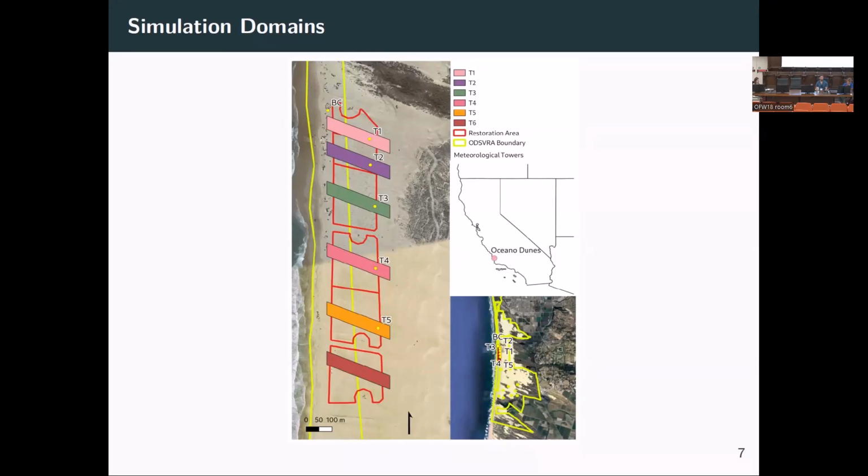In T2, they distributed native seedlings. T3 had native seedlings and seeds, and sterile ryegrass seeds. T4 and T5 had these nodes. These are discs of straw that were pressed into the surface, and those had native seeds and seedlings planted in the middle of them. And then in treatment 6 at the very bottom, we have full coverage of straw, native seeds, native seedlings, and sterile ryegrass.